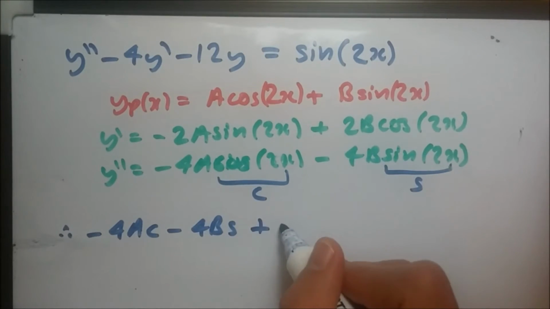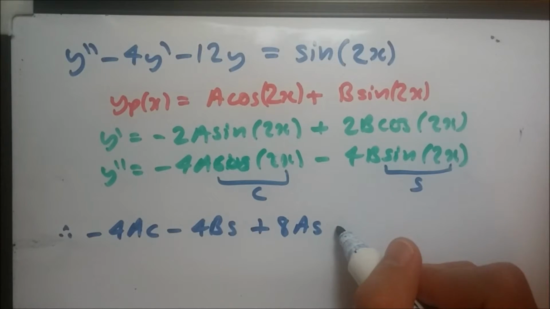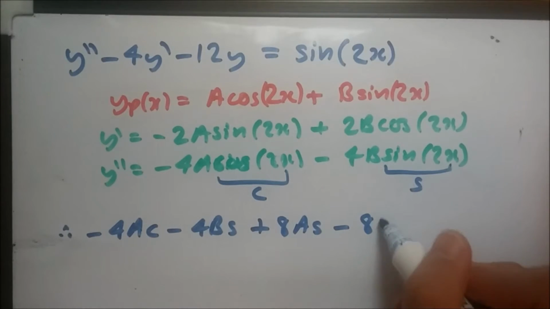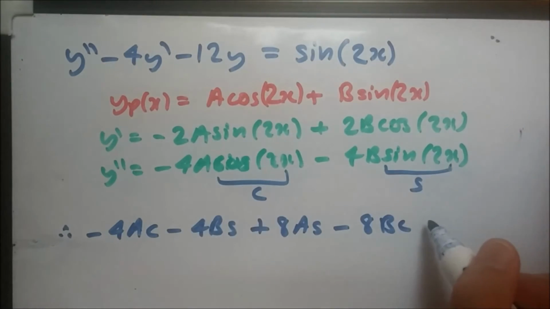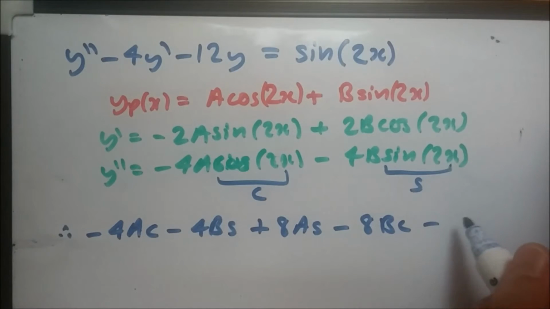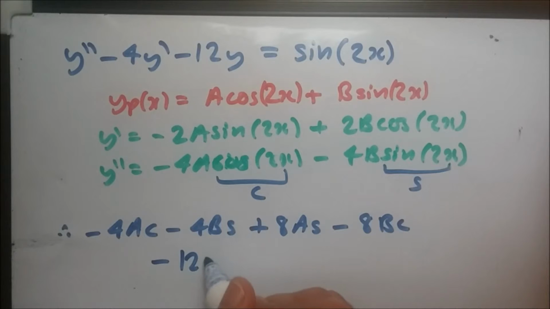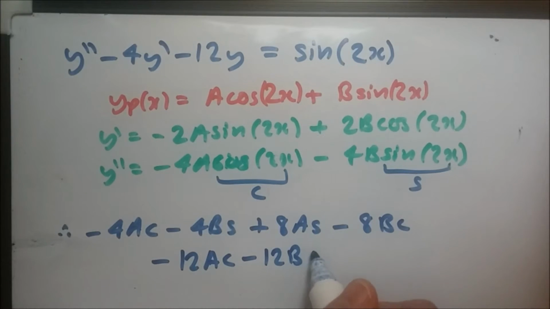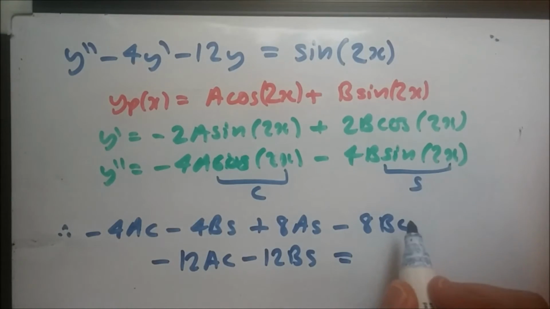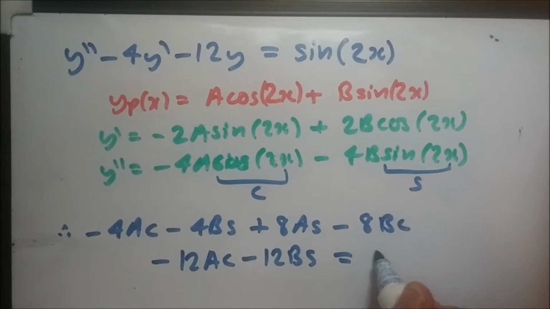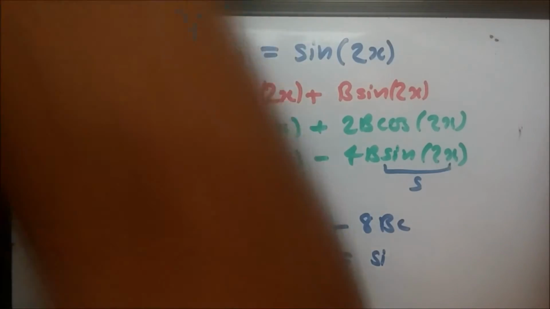We're going to have plus 8a S minus 8b C, and then minus this part we're going to have right down here, minus 12a C minus 12b S. And this would equal the right hand side of this equation, which would be equals sine, equals S.